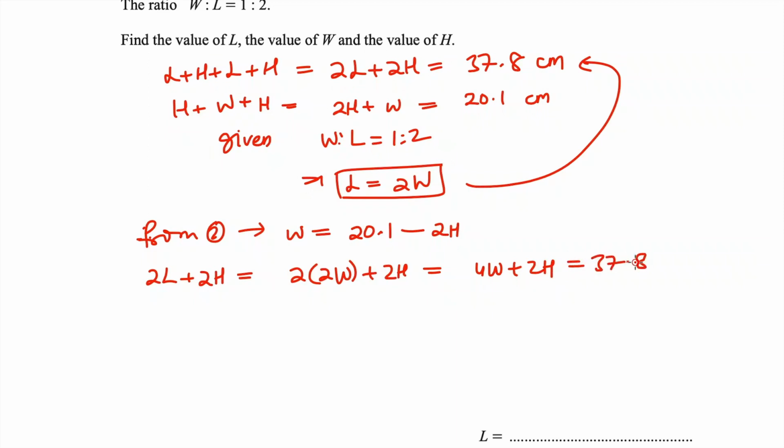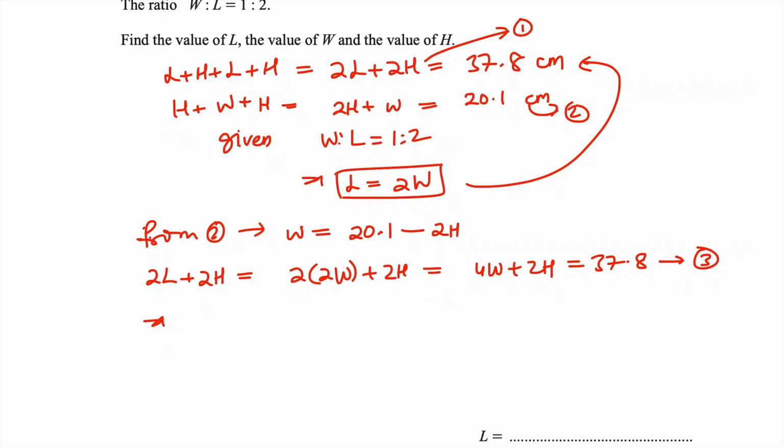This is equal to 37.8, and so just substitute W is equal to 20.1 minus 2H. This is equation 3, this is equation 2, this is equation 1.